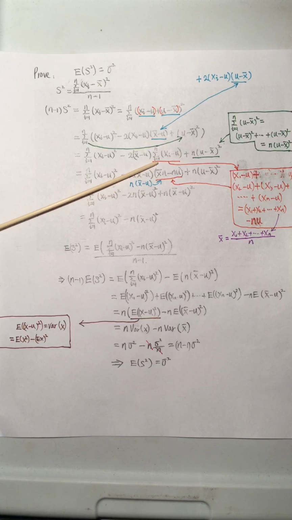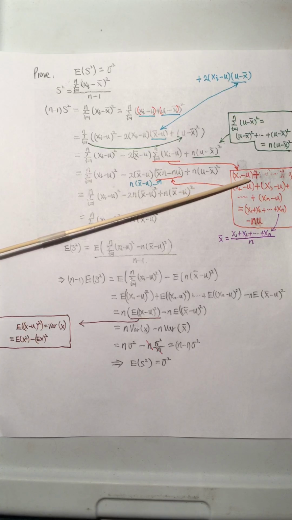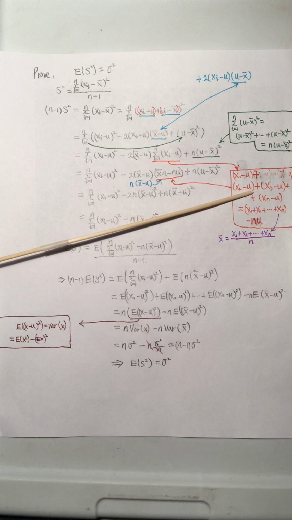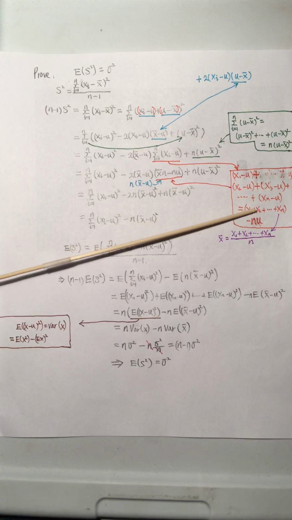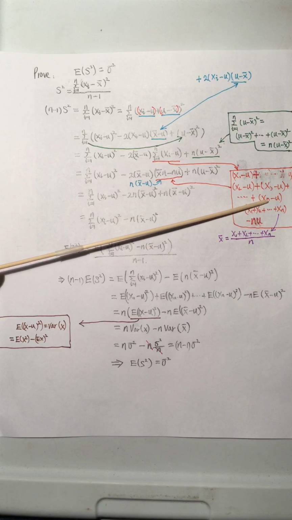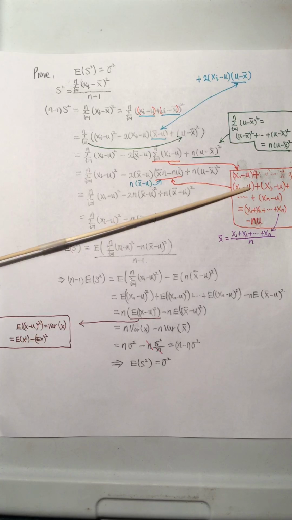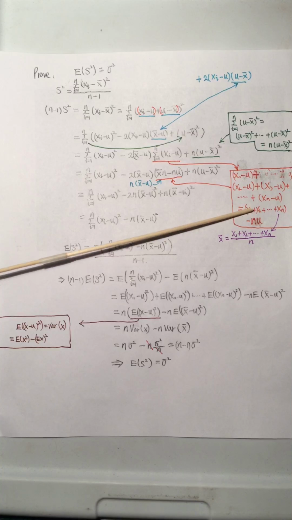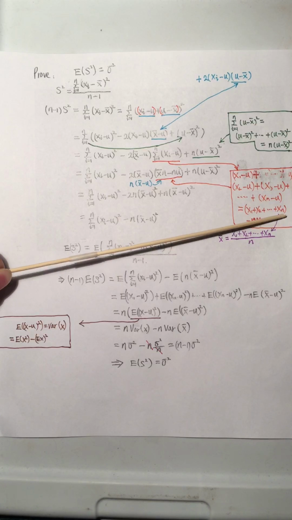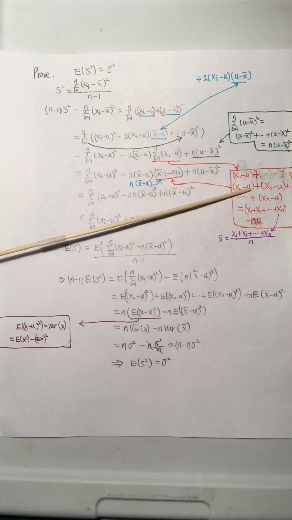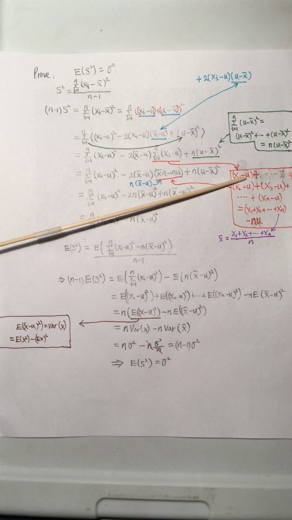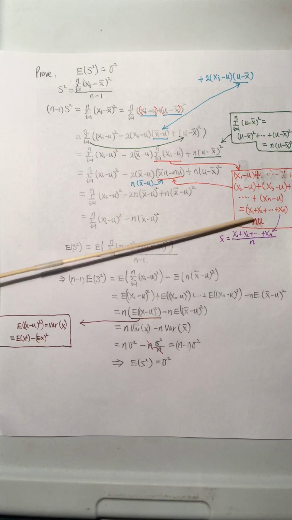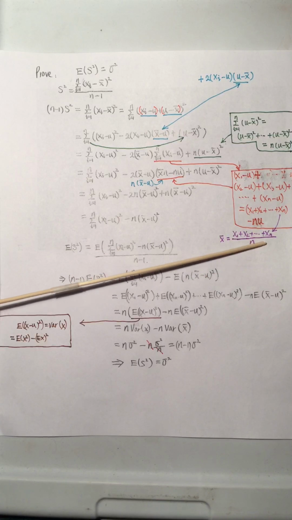Now, regarding this term, if we expand this, it will be x1 minus mu plus x2 minus mu plus x3 minus mu, etc., until xn minus mu. If we group them together, it will be x1 plus x2 until xn, and since there are n minus mu's, we have minus n times mu.